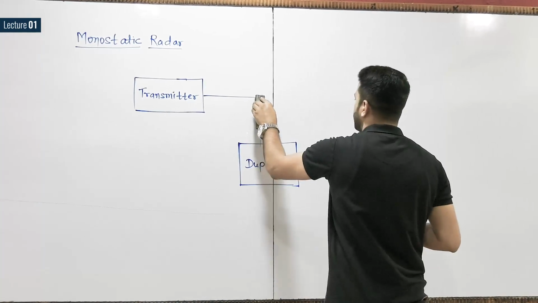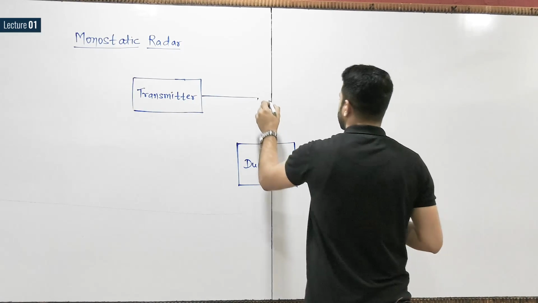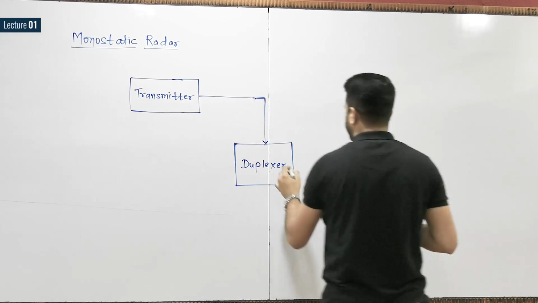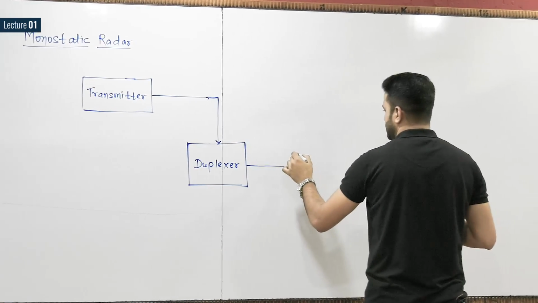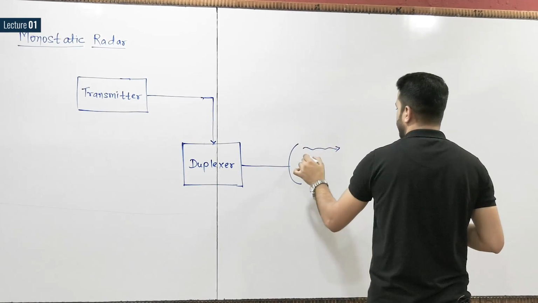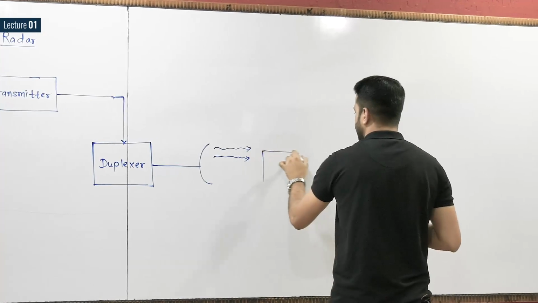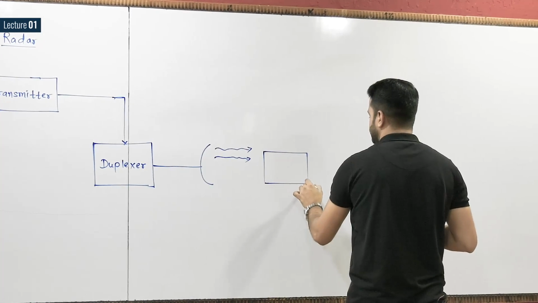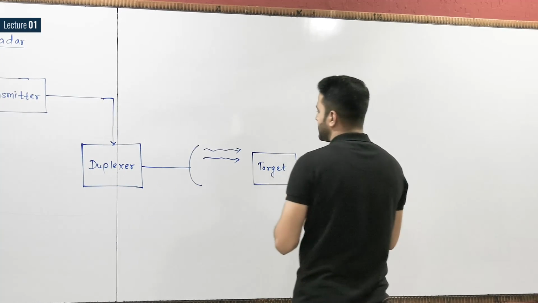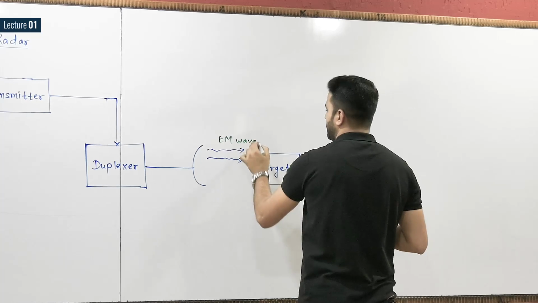So we have a duplexer, and this duplexer is connected to an antenna which is used for transmitting an electromagnetic wave, and here is the target. So we have transmitted this electromagnetic wave with the help of this antenna.